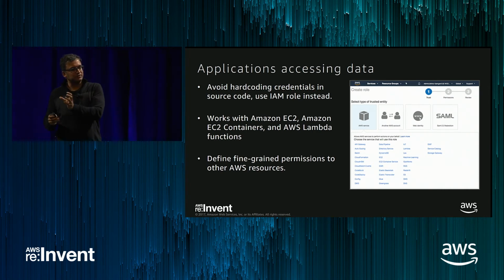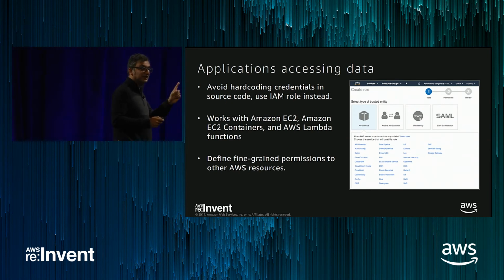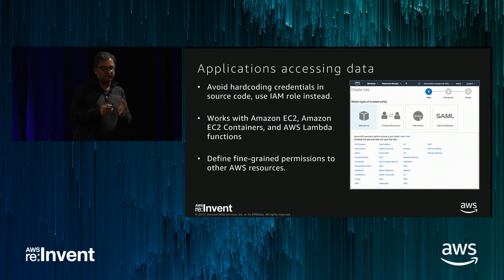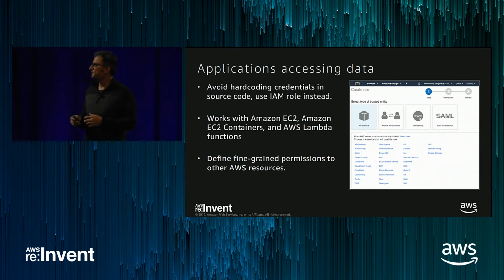If you have another piece of code that does log aggregation and needs to write to an S3 bucket, you can just set the permission for that. So again, there really is one choice, right? Use IAM roles so that they get short-term credentials and you can focus on permissions. And these roles work with all of the compute capabilities we have with AWS. So that's pillar number 2.